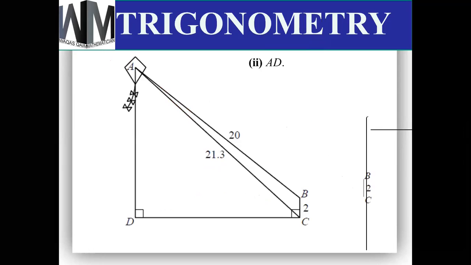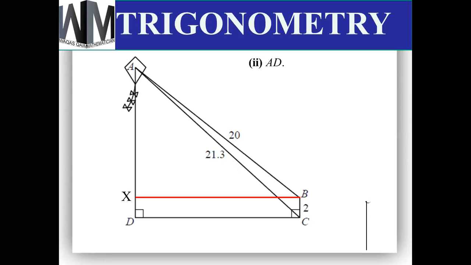Now in the second part, we have to find the length of side AD. For calculating the length of side AD, we are drawing a horizontal line from point B to line AD.